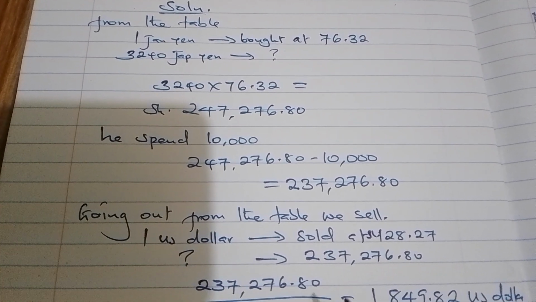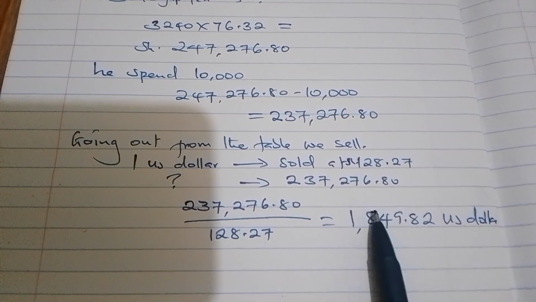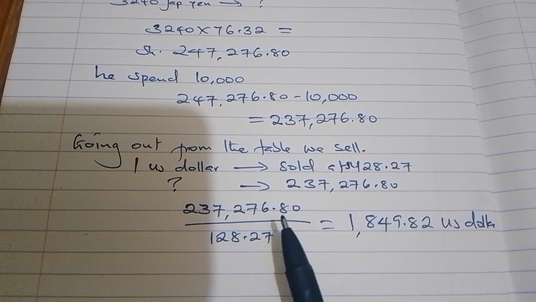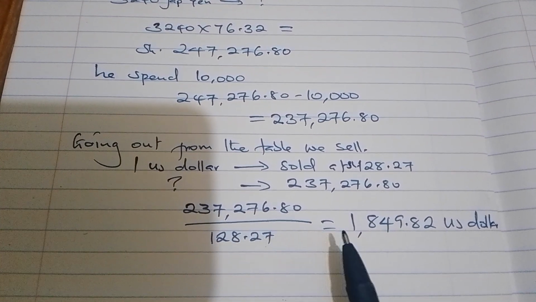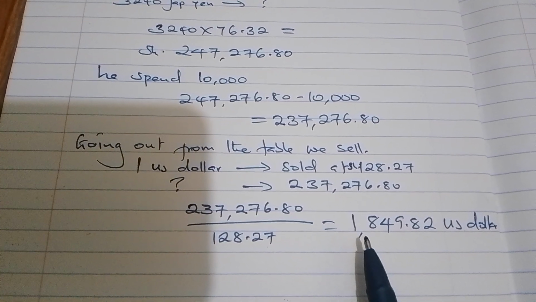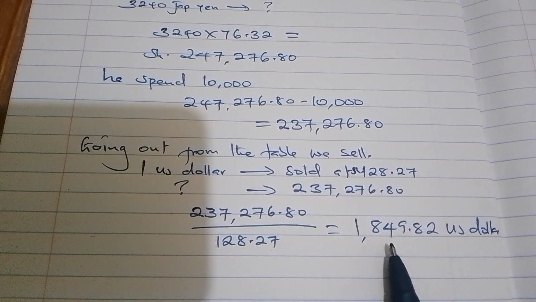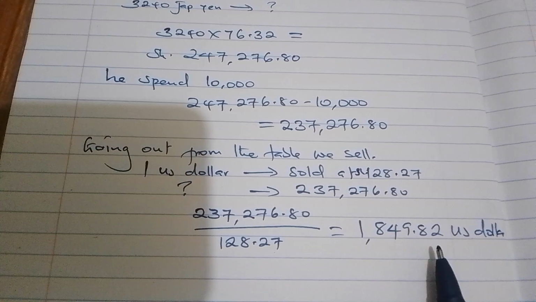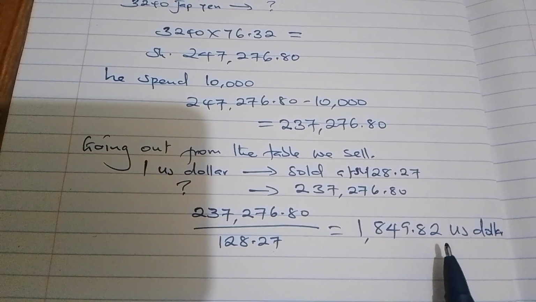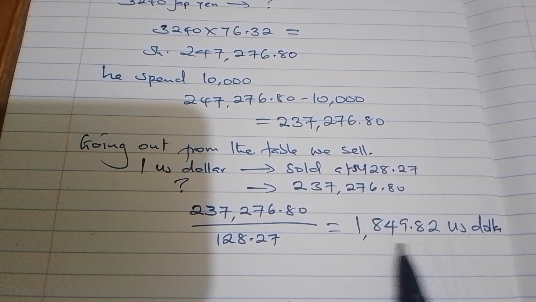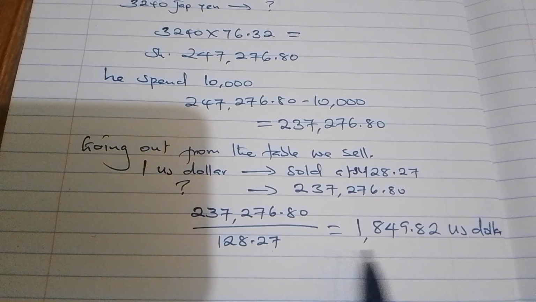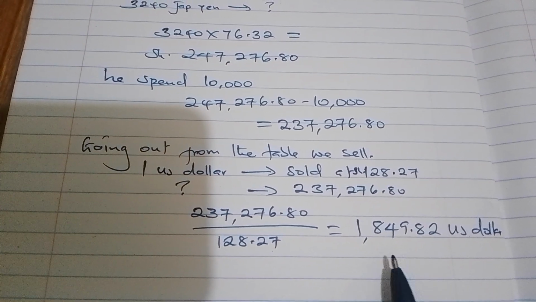So you cross multiply and you work it out. As you work it out, you're going to end up at 1,847.82 United States dollars.